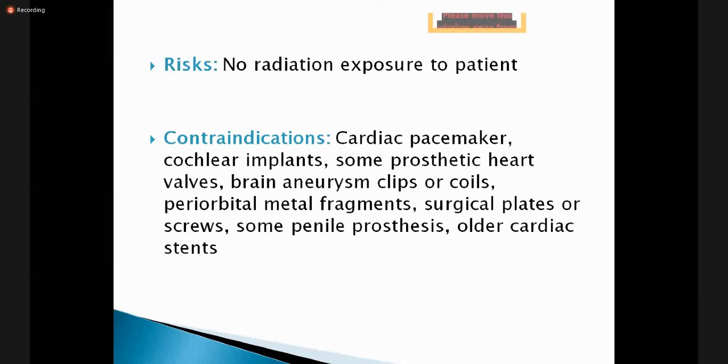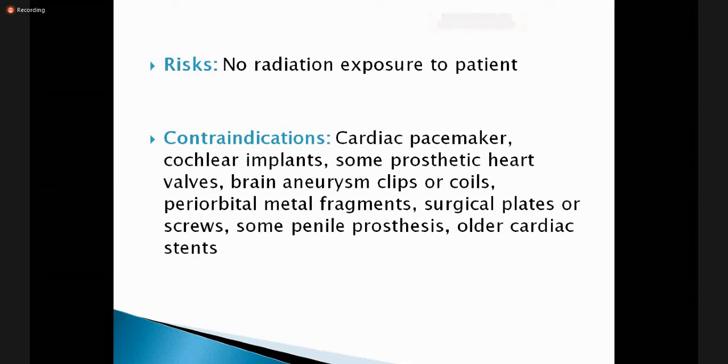The contraindications are very important because in these patients we cannot use MRI, since MRI uses a magnet. Whenever there is a metallic implant in the body, a patient cannot go in the MRI machine; otherwise the patient may get stuck to the machine and there may be a blast.